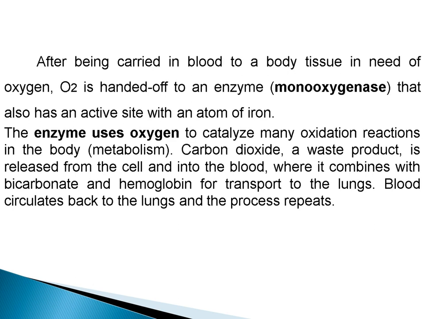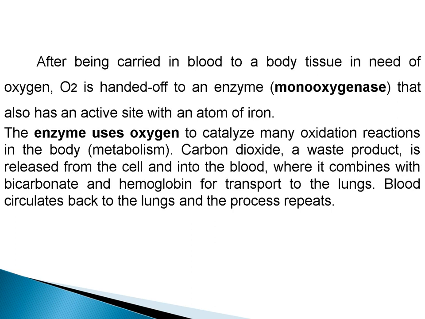After being carried in blood to body tissue in need of oxygen, oxygen is handed off to an enzyme called monooxygenase that also has an active site with an atom of iron. The enzyme uses oxygen to catalyze many oxidation reactions in the body's metabolism.